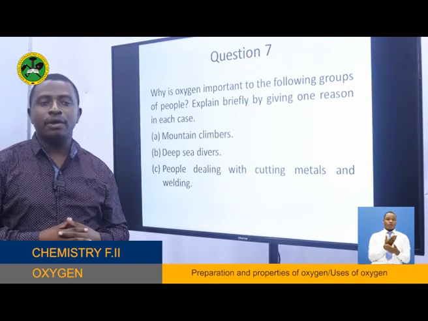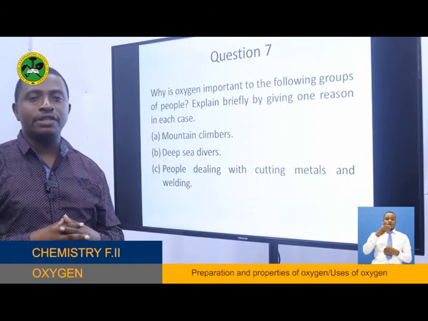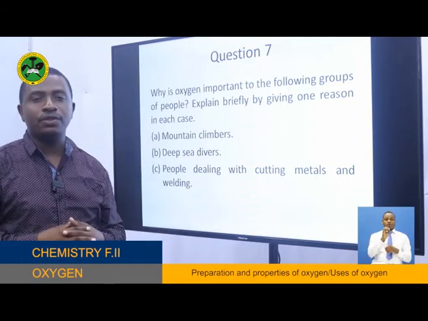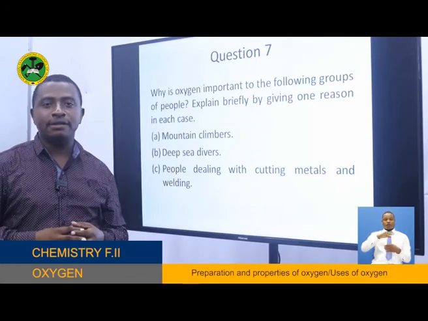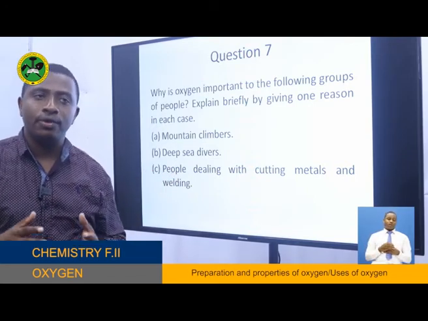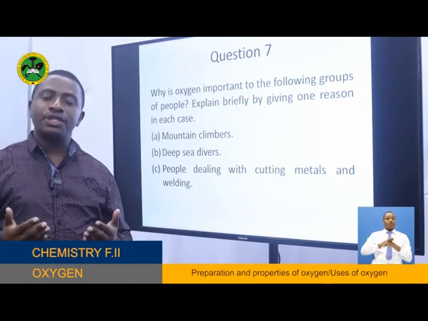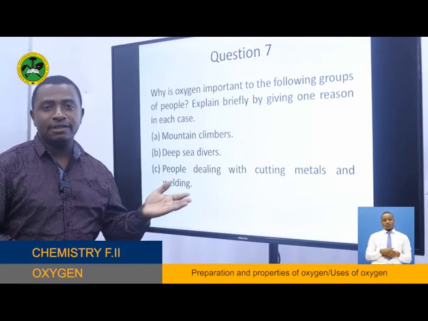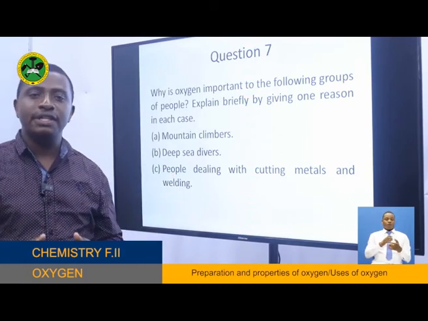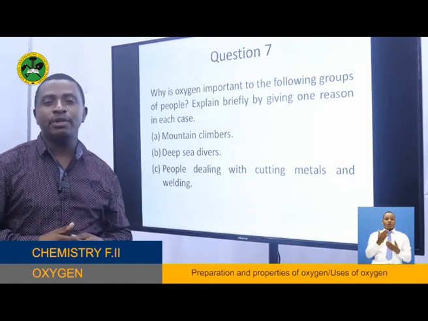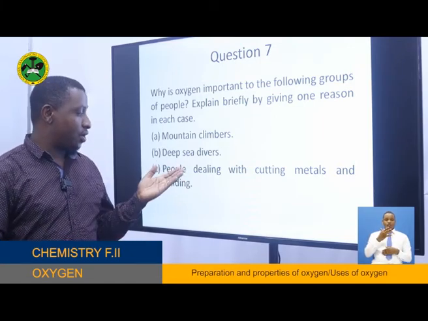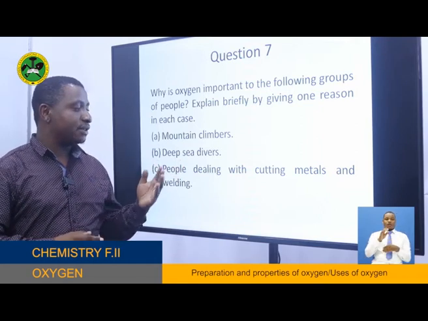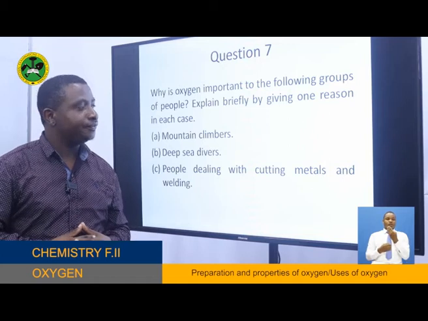It's because oxygen found in water is dissolved oxygen, and deep sea divers do not use this kind of oxygen. Therefore, due to low concentration of oxygen within water, deep sea divers go with oxygen cylinders so as to support them in breathing. So this is also another use of oxygen.